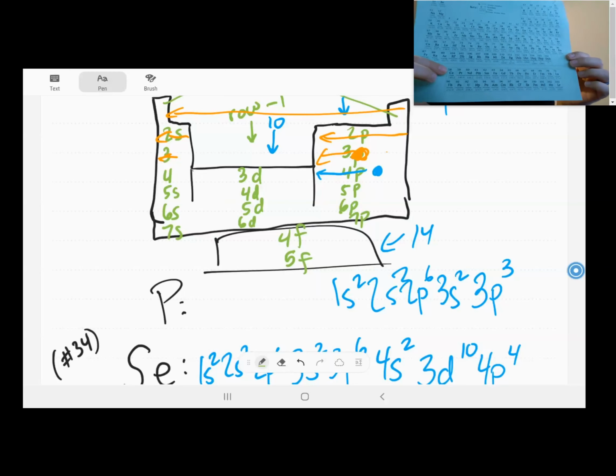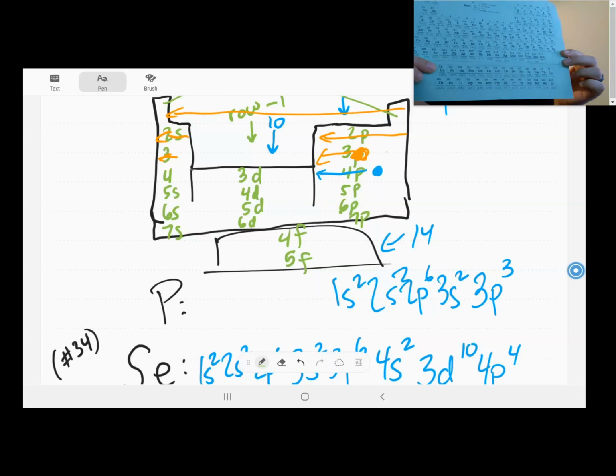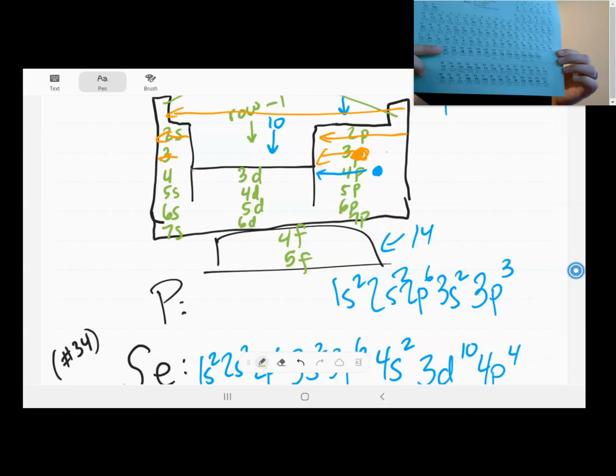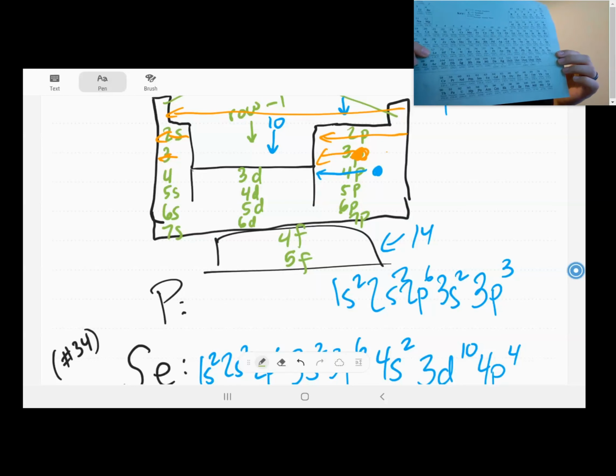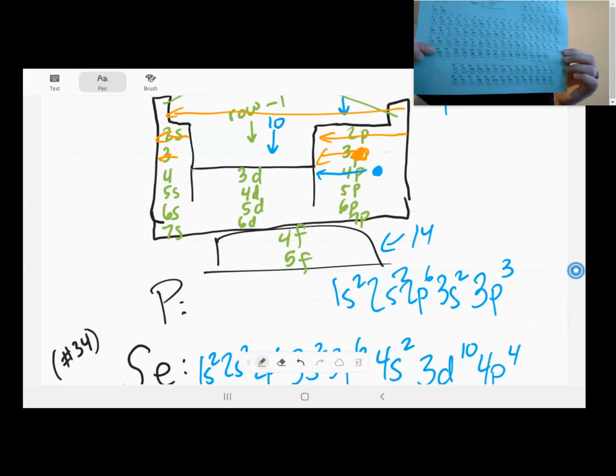It's 58. Yeah, cerium, right. So if we're looking at 58, we have to find 57 for the one that's right before it. Where is 57? It's going to be lanthanum, right? So these two rows of the periodic table are actually going to come in after lanthanum and actinium.